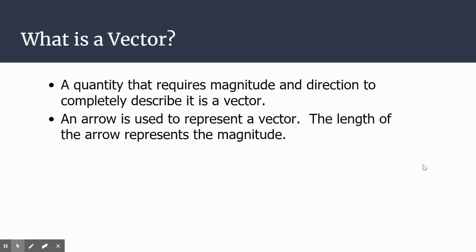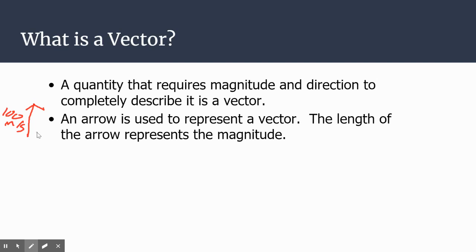What does that look like? So there's an arrow, right? We could say that that represents a vector. We can call it a velocity vector. We'll say it's 100 meters per second. And what else does it say? It says the length of the arrow represents the magnitude.